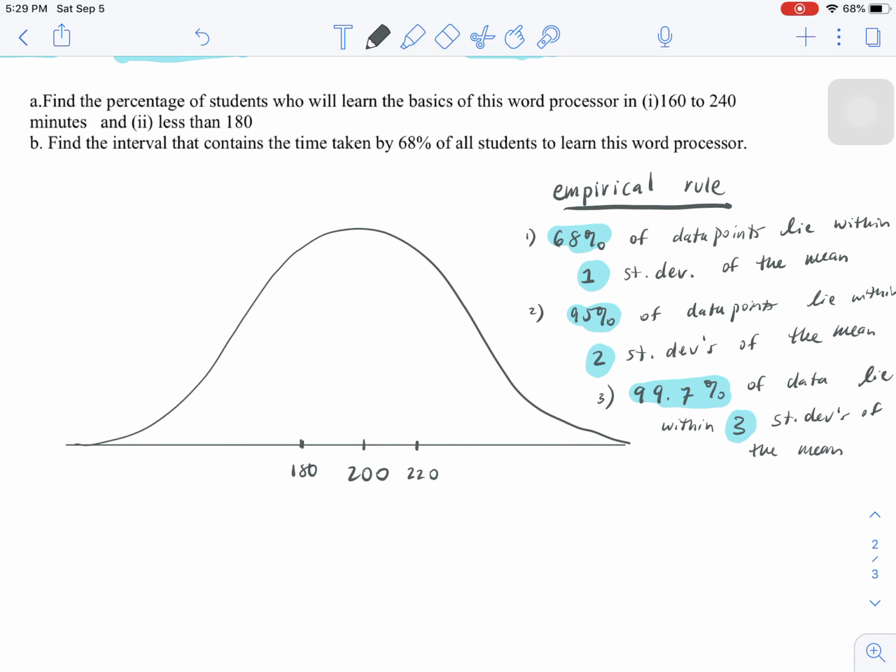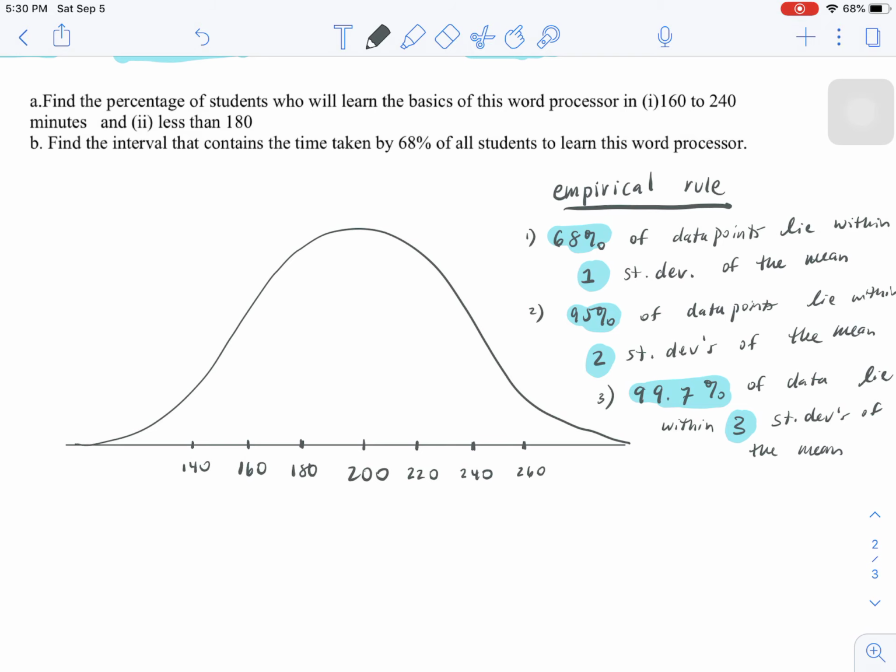Two standard deviations away from the mean is 2 times 20 plus 200, so 240, or 2 times 20 subtracted from 200, which is 160. And then three standard deviations will be 260 and 140.